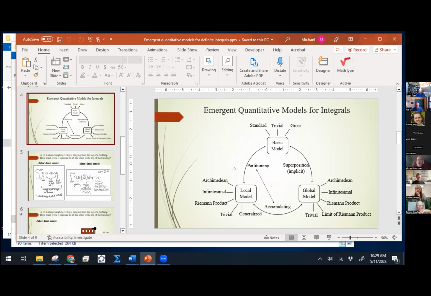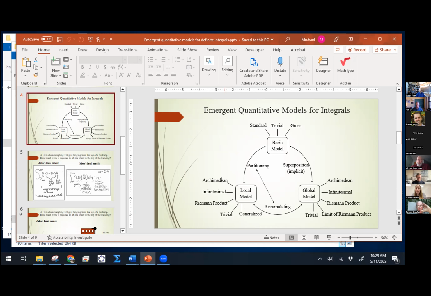Sure. These just refer to different ways that students might be thinking about a local model. For example, we call the trivial model what you might think of as an integral, say, Q equals the integral of dq. So the trivial model refers to where the differential form is just representing a small amount of whatever the integral will be accumulating.